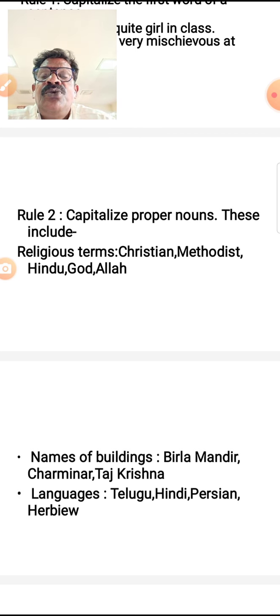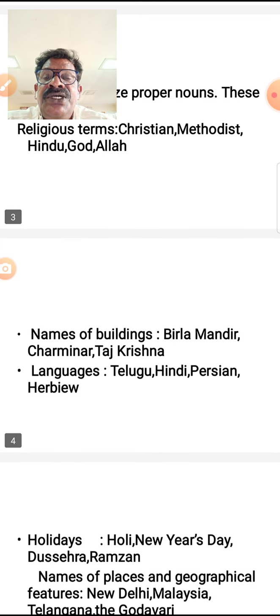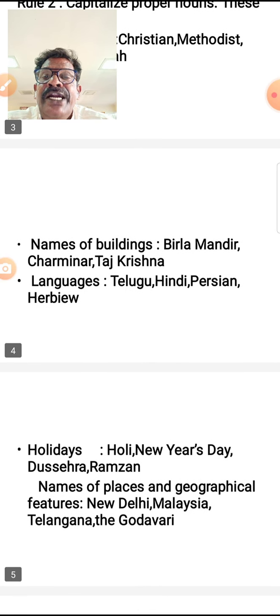And next word, Hindu, H should be capital. God, G should be capital. Allah, A should be capital. So capitalize all proper nouns. In proper nouns, religious terms come, and then next names of buildings.